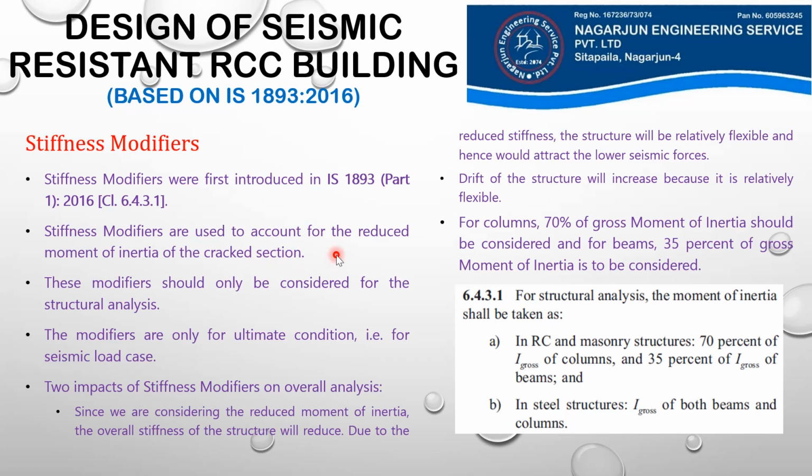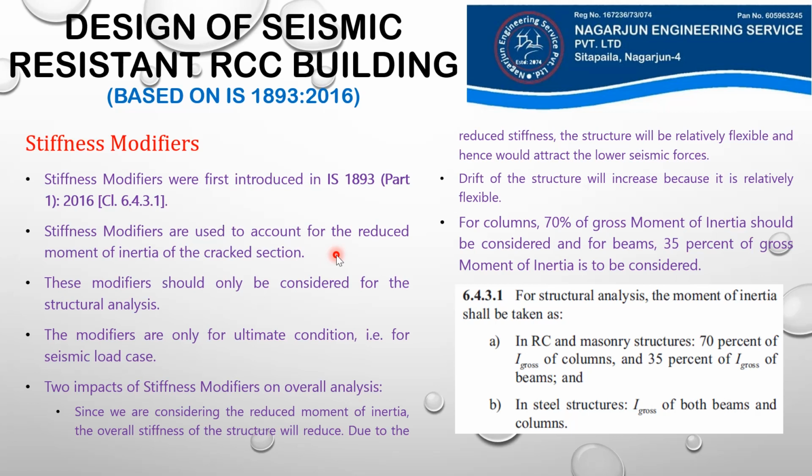That means when a building is subjected to earthquake shaking, the building is designed in such a way that we allow for the deformation of the building beyond the elastic range. We allow for damage in the building, and that causes the cross-section elements of the building to crack.